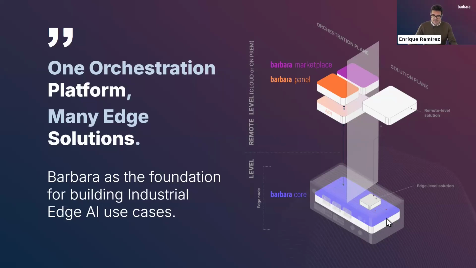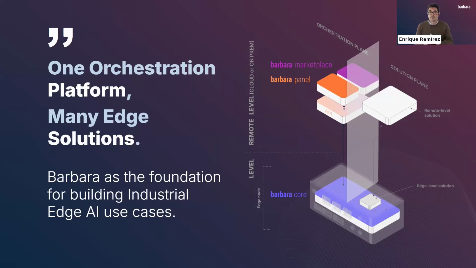Here we have this diagram where we can see this blue box, which is a Barbara edge node. It is basically an industrial PC or a virtual machine. We will talk about that later, but we are a hardware agnostic tool. We can manage any kind of device that is based on Intel or ARM architecture, and also virtual machines.